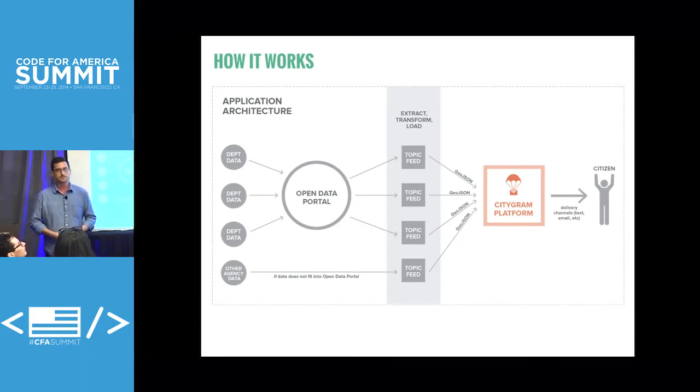And have you thought about partnering with other agencies that affect the resident, like utility companies or things of that nature? Is it open in the sense that you can actually go out to external data on that platform? I'm not sure if the audio is picking that up, so I'll just repeat the question to the mic, which was, have we thought about partnering with other people that have data like utility companies or private companies?